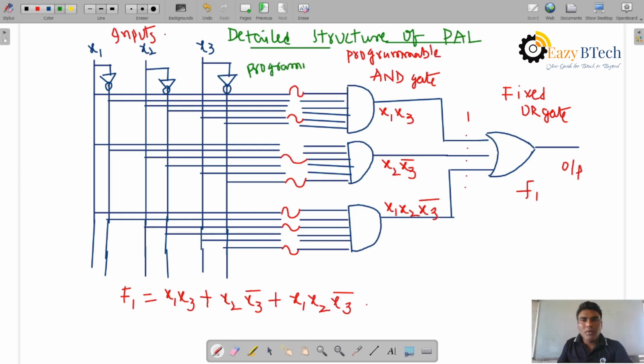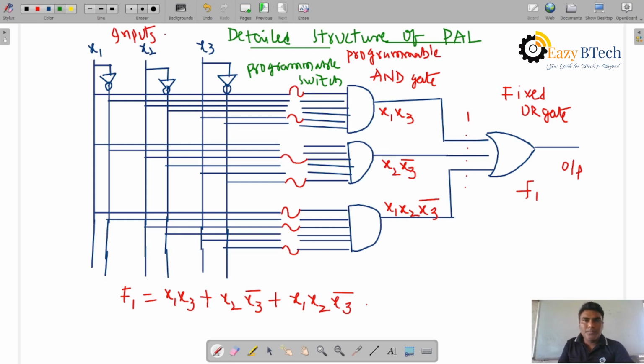According to the program which we can write for this product term, the switches are connected, and the output product term goes to X1 and X3, X2, X3 complement, and X1, X2, X3 complement, which is given to the OR gate. This is the external OR gate.